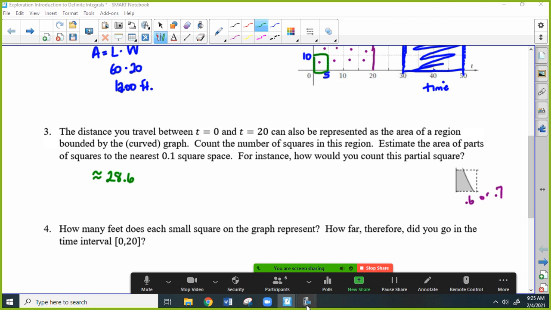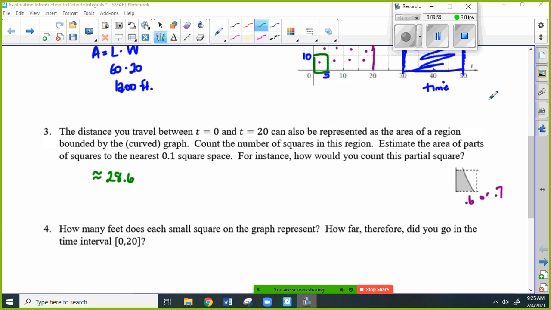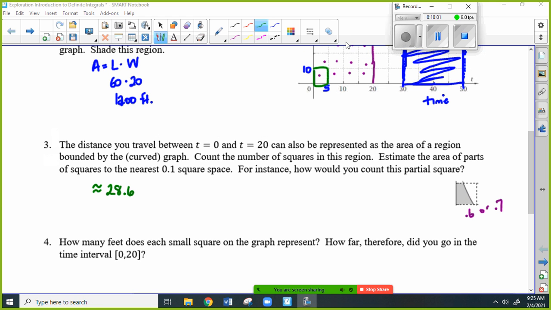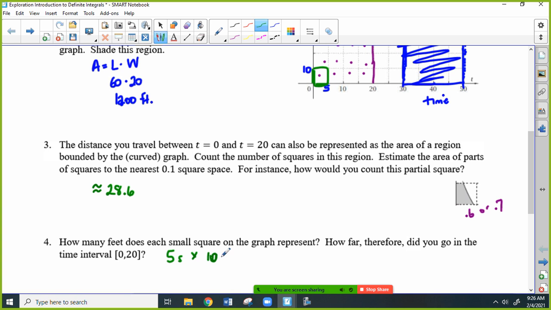All right, so when I figure out how much each small square is, I'm literally using the units given in the graph. I'm going for 5 seconds at 10 feet per second. 5 seconds times 10 feet per second is 50 feet per block.